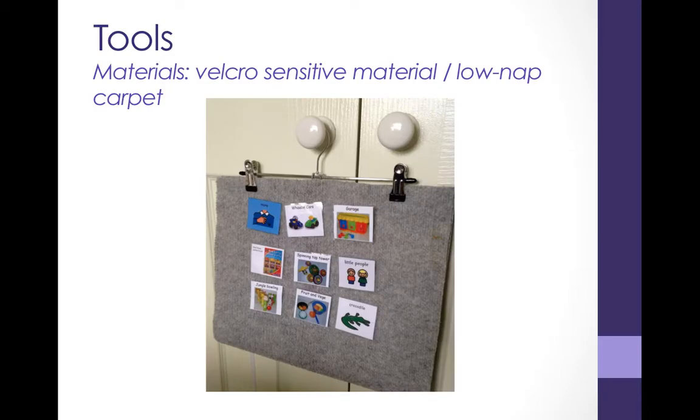So here's another nice surface that I used a lot when I made a lot of supports. It was the most inexpensive way to get Velcro: to actually use Velcro sensitive material or low nap carpet. So you can buy Veltex or Velcro sensitive material in a roll, and sometimes it will have a sticky back, and other times it won't, depending on which you order.